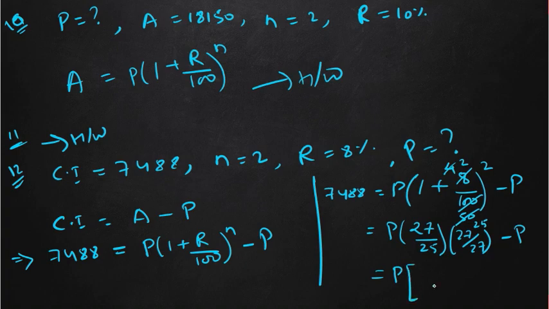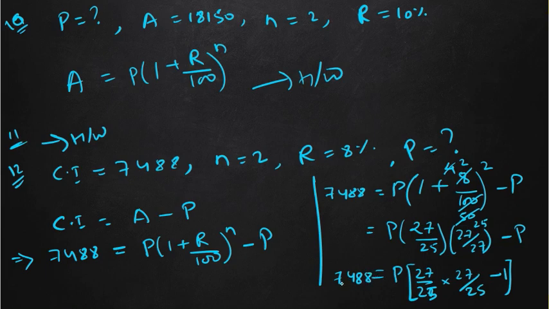From the right side, if you take P common, what do you get? 27 by 25 into 27 by 25 minus 1, and this value is the same as 7488.